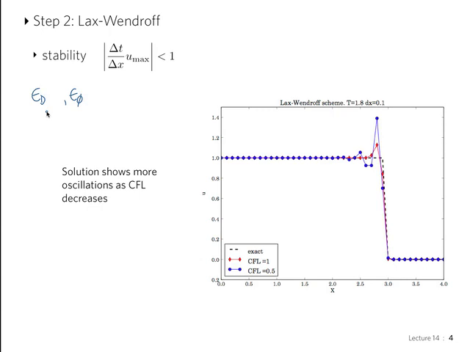Some wave numbers will move at different speed than others, and this is what you're seeing here. You get the waves appearing, those oscillations. Those are the concepts that we need to bring to bear in this discussion.